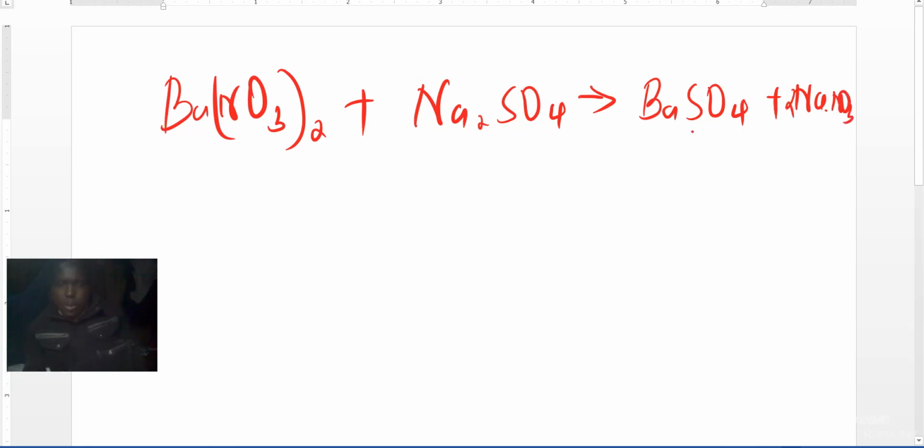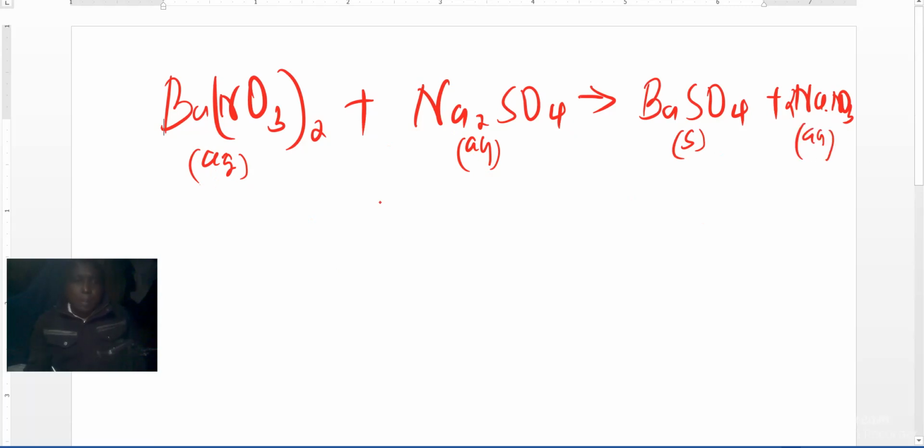It is very important to know how to write the aqueous, solid and liquid states. This is what we call the solubility of salts. So this one is aqueous, this one is aqueous, this one is solid, this one is aqueous.